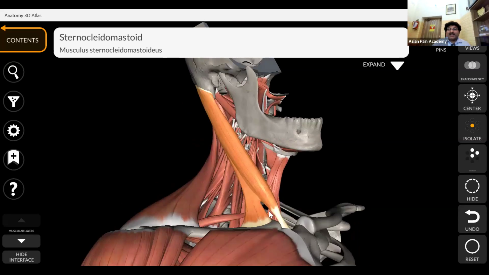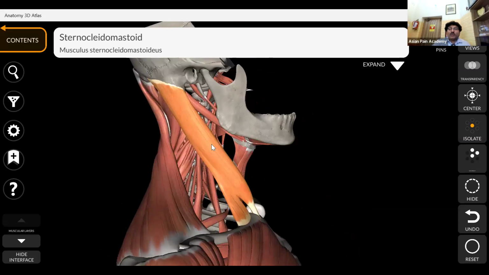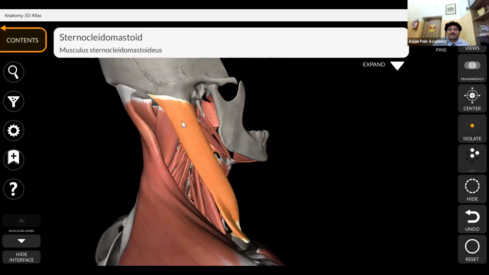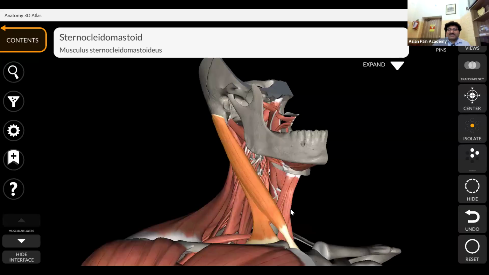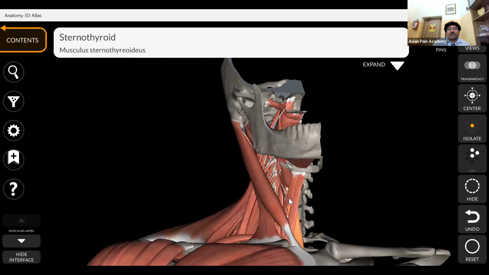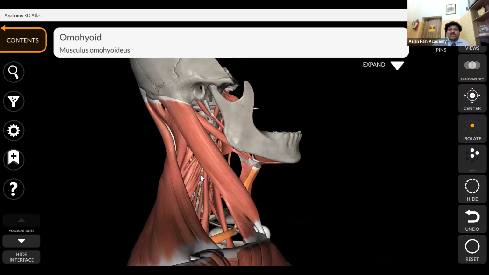So here you can see it has a sternal head and a clavicular head, and these continue above and attach close to the mastoid process. Then we have the infrahyoid muscles. They are very small muscles, mainly the sternohyoid, sternothyroid, along with the upper belly of the omohyoid in the anterior portion of the neck.